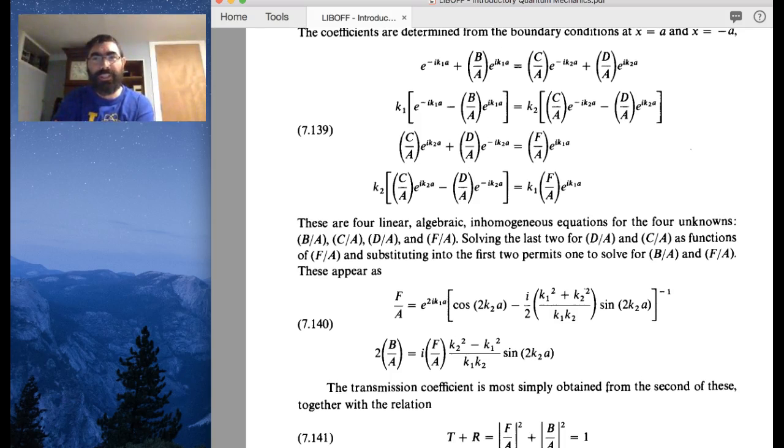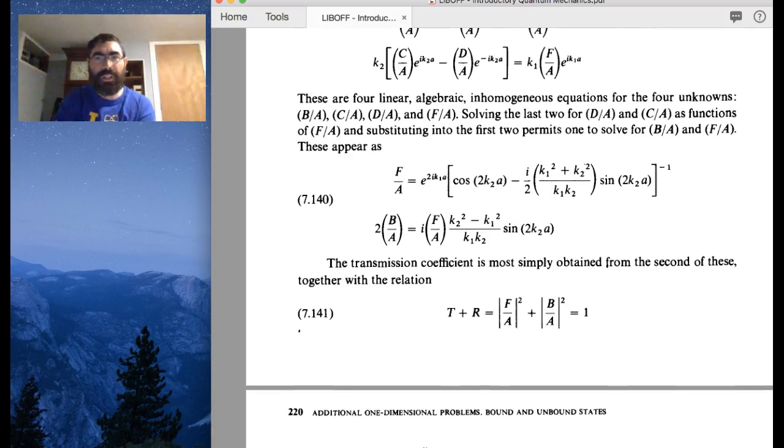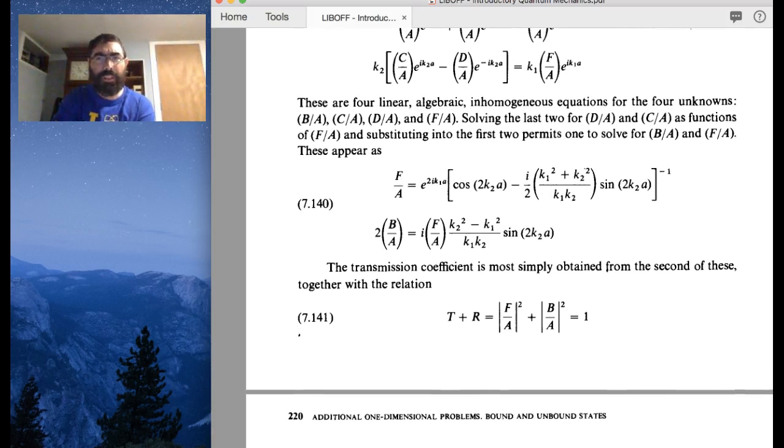So here are the 4 equations. I suggest to the students that they take these 4 equations and solve for F of A to prove to yourself that you can actually achieve this result.